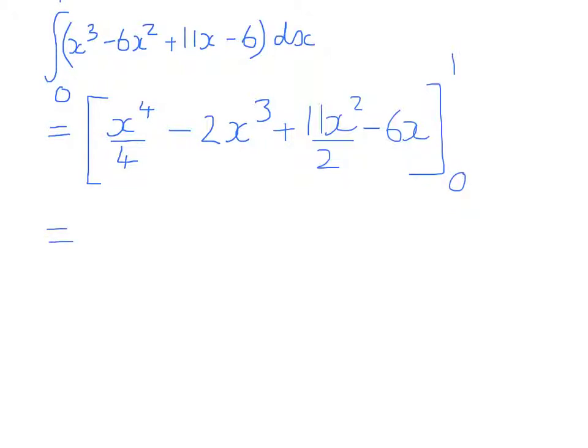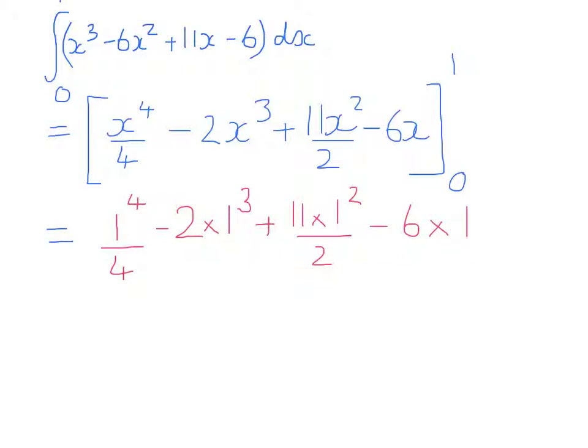And then we're going to insert the top limit first, this limit here, 1, and we're going to make x equal to 1 in each term. So that gives us 1 to the 4 over 4 minus 2 times 1 cubed plus 11 times 1 squared over 2 minus 6 times 1.